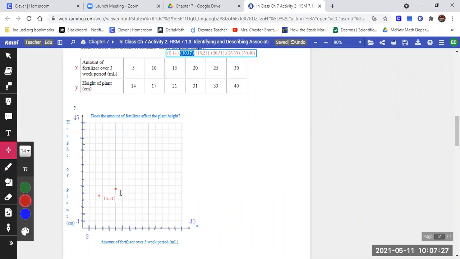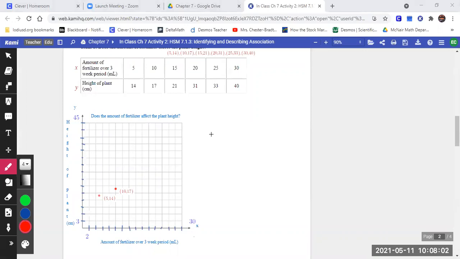What would the next one be? If we're 15, 21, where's that going to be? How much over? How much up? How much over for 15? What are our bottom lines going by, guys?